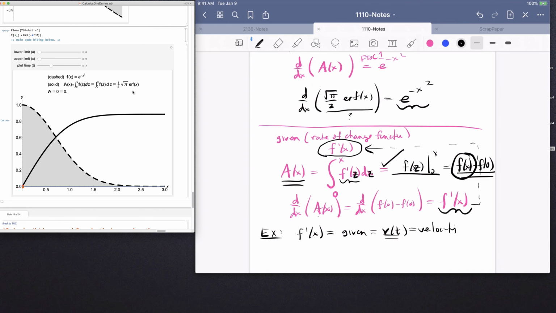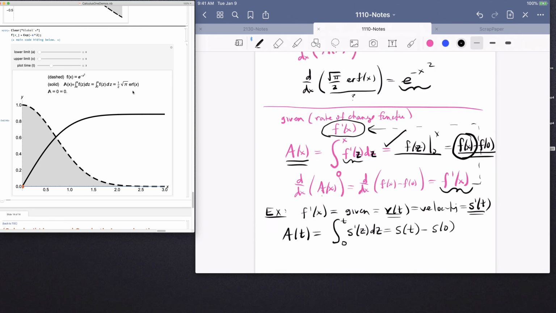Okay, in which case the velocity is the derivative of the position. So let's say that you're given the velocity graph. You can then find the accumulation function as a function of time, which would be the definite integral from 0 to t of the derivative of the position, s prime of z dz, right? In which case you would know the answer to that. It would be the position function minus the position evaluated at 0.